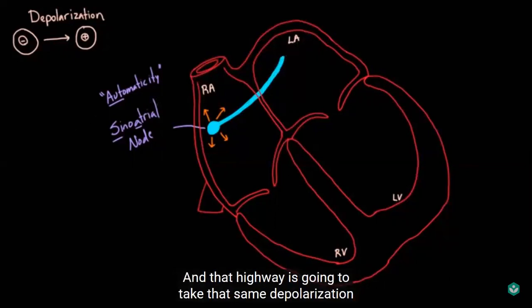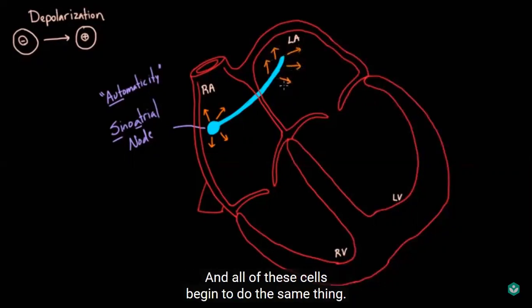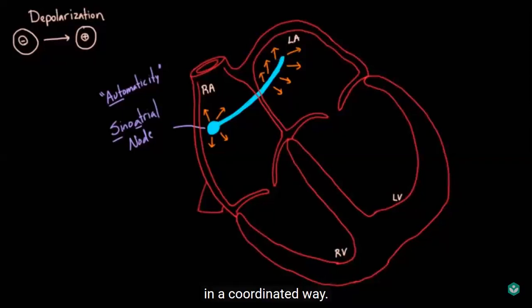And that highway is going to take that same depolarization wave over to the left atrium. And all of these cells begin to do the same thing. They start depolarizing as well. So you get depolarization happening both in the right atrium and the left atrium in a coordinated way. So it's all happening very, very evenly.